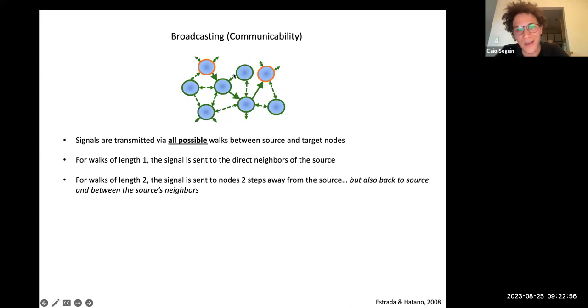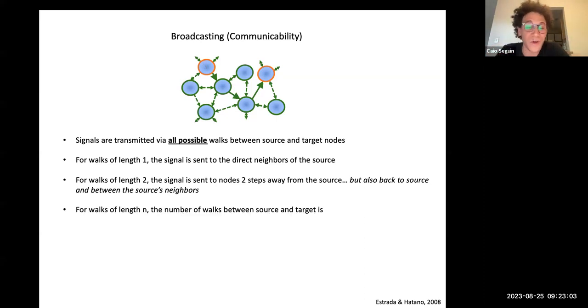But you can also go back to the source. So it's really all possible walks. And for walks of length n, the number of walks between source and target is given by, if A is the adjacency matrix, A_ij to the power of n is then how many walks you have of step n.